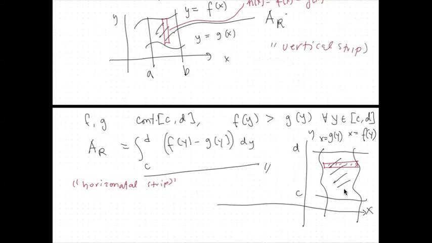For a vertical strip, in the area you get dx, and here you get dy. Okay, because this is a strip, this is your change in y, so this is dy. Okay. So let's proceed now with a few examples.